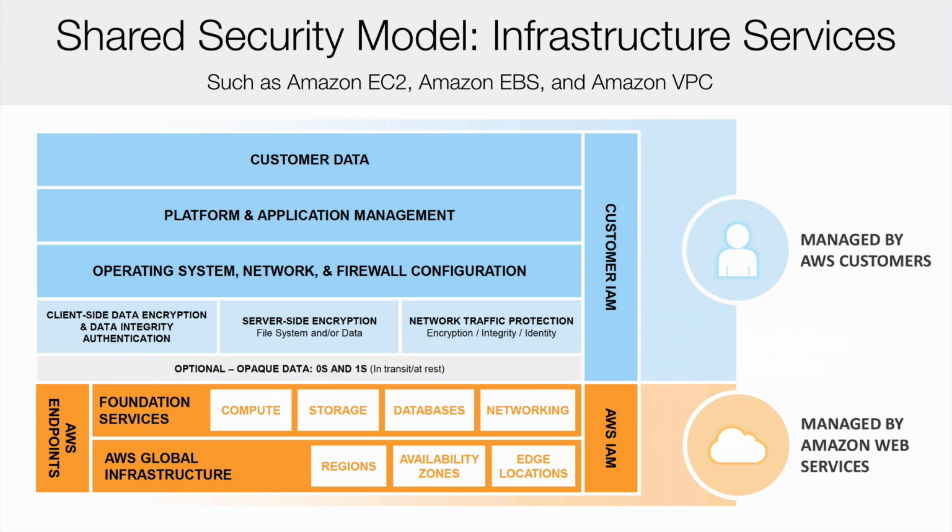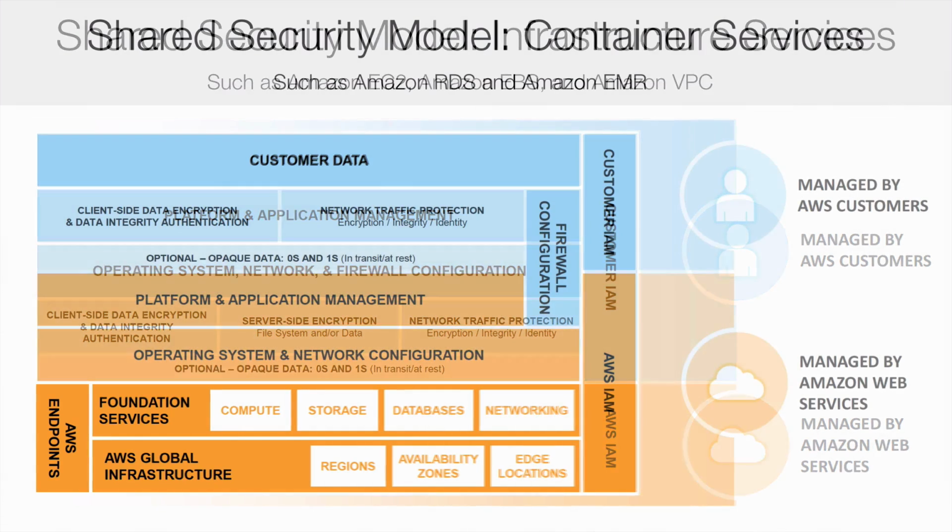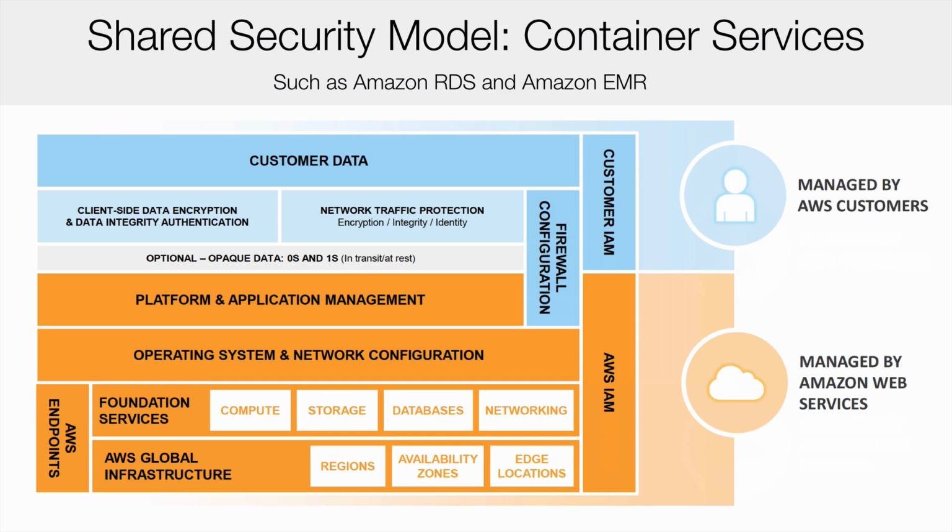And this layer can include encryption, can include data integrity authentication, software and data signing, secure timestamping, and other features. So you're able to build that on top of the AWS infrastructure services if you have a requirement to do so.